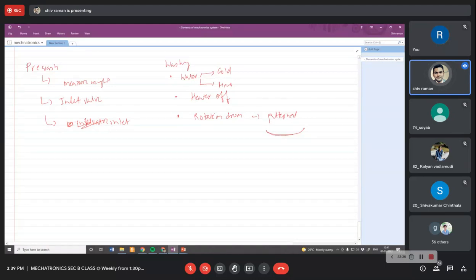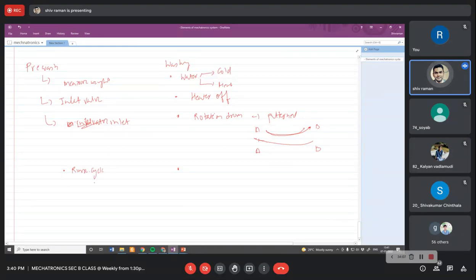Once the rotation in a particular direction completes to a particular point, let's say B, the control system will immediately send a signal to the motor of the drum, and the motor changes the direction of rotation. Then it will again come from B to A. Likewise, your washing cycle will complete. Then you have the rinse cycle.